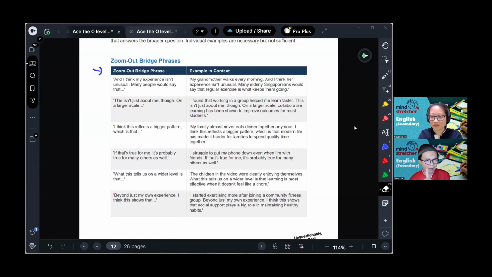Okay, let me pause for a while. So far, your answer makes sense. You're talking about what's happening in Singapore, right? So what you would do is you would adapt this. Then you would say, this isn't just about Singapore, though. On a larger scale, countries which are not urban centers like Singapore, for example, Indonesia or Thailand, experience flooding because of deforestation.